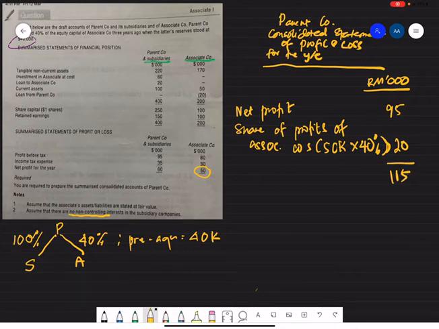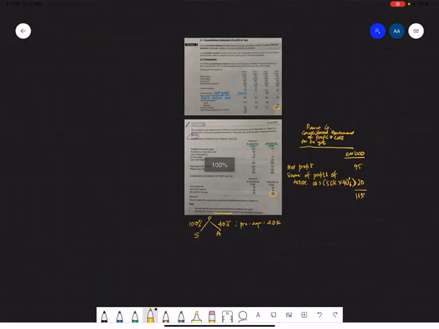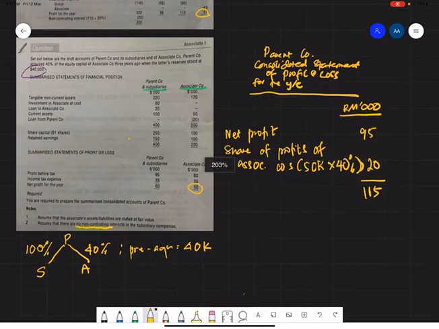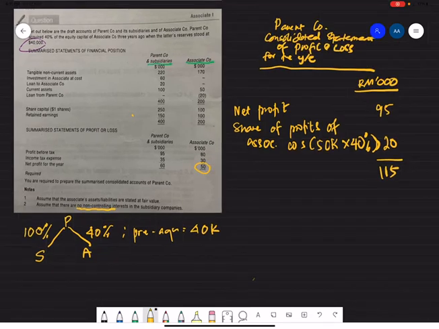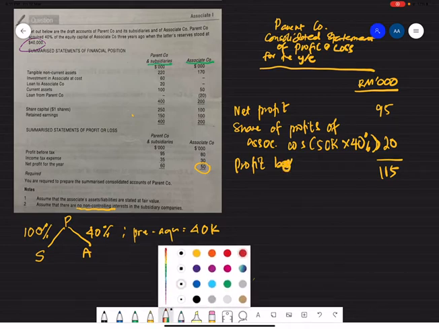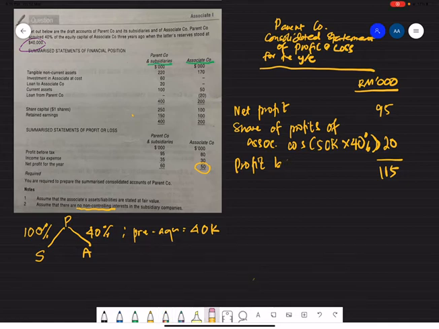So this one is called profit before tax.